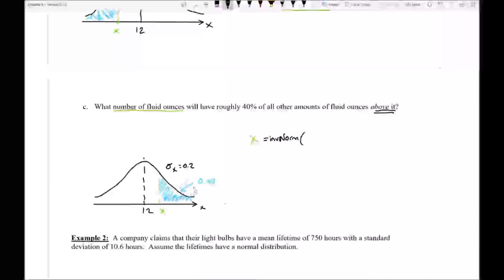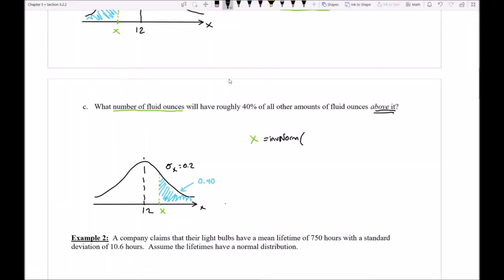So while I have 40% over here, I'm interested in how much total space exists in this portion. Well, if there's 40% over here, and the total area under the curve always has to be 100%, then to the left there would have to be 60%.